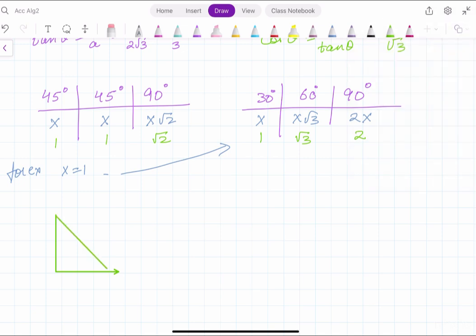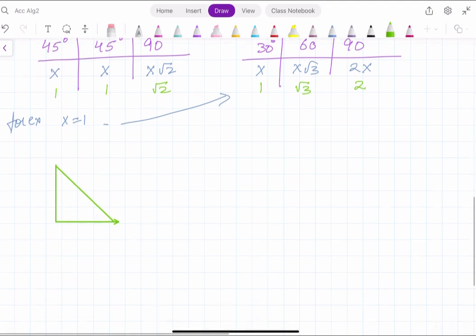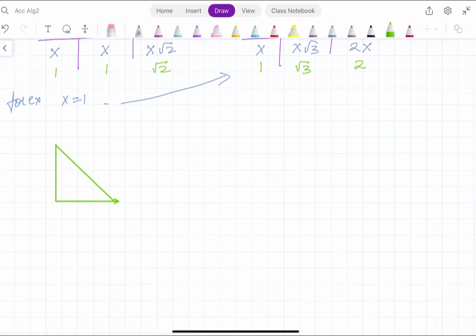If I create another right triangle, let's say we have 45 degrees, 45 degrees, and a 90 degree angle. The side opposite the 90 degree angle is the hypotenuse, so it will be radical 2. We are just considering the value of x as 1.